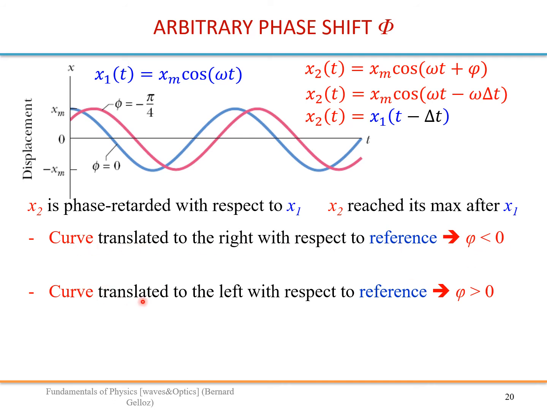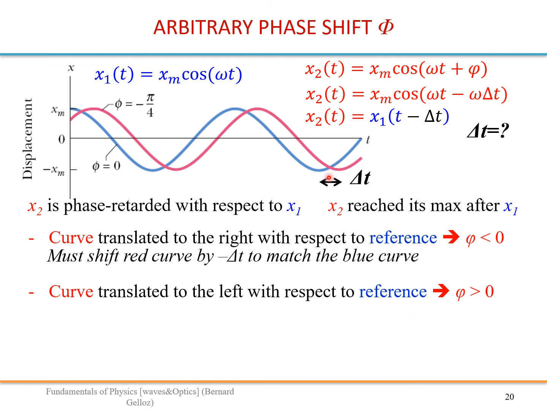And on the contrary, when the curve is translated to the left with respect to the reference, which is x1, now your phi must be positive. One way to see why it is negative is that if you start from x2, if you want to match x1, you have to shift by a negative amount, delta t, to match the blue curve.